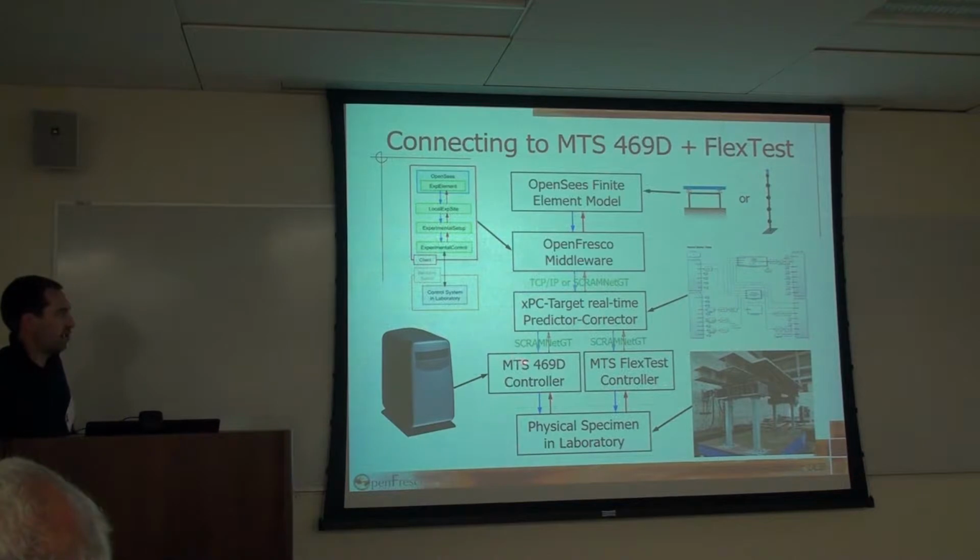And then at the bottom now, we have the MTS469D, the shake table controller. And if we have additional structural actuators, like dynamic actuators, which is one of the applications I will show, we also have maybe the MTS FlexTest controller that also sits on this ScramNet ring. And so we can talk to both of them simultaneously. It's all synchronized through ScramNet, and that's how we finally talk to the specimen in the laboratory.